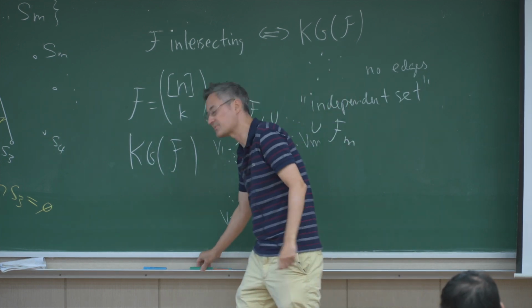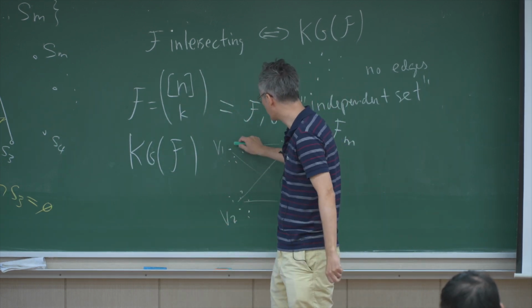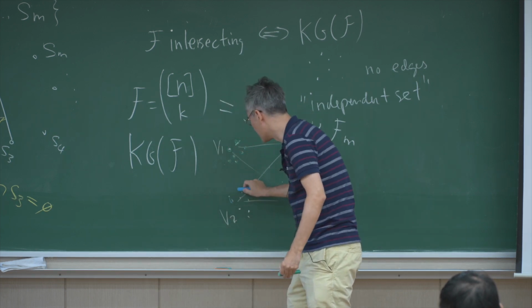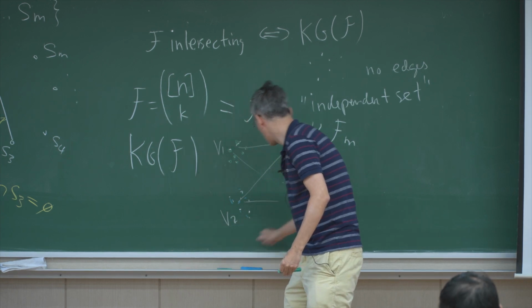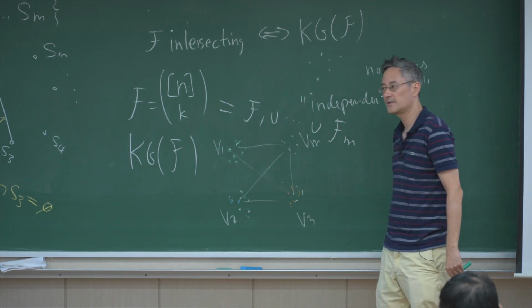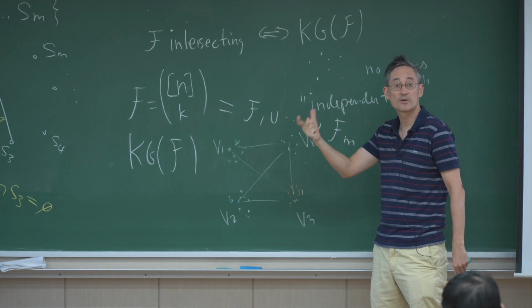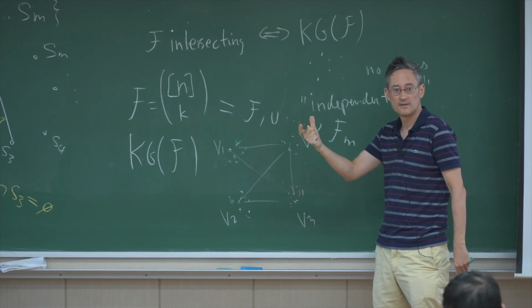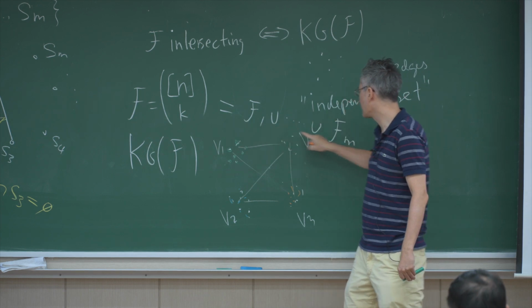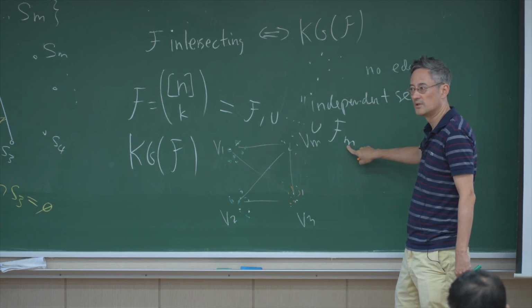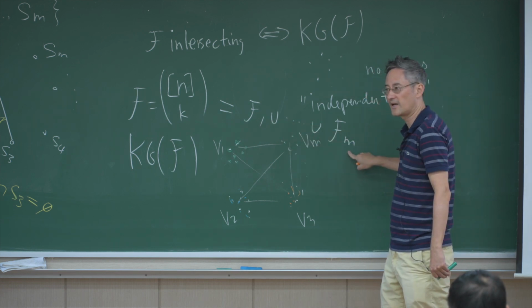But what is that? That is precisely what in graph theory we call a coloring. So you can color all of these vertices green, color all of these vertices blue, all of these vertices orange, right? And no edge has the same color at both ends. So that's what we call a graph coloring. And Kneser's conjecture is asking, find the smallest m so that you can split this into m intersecting families.